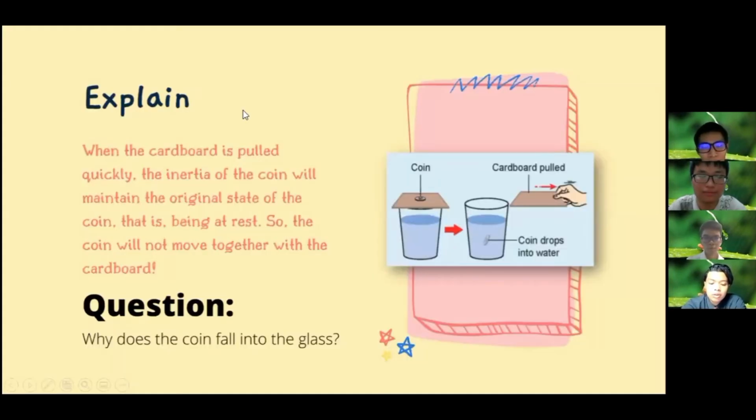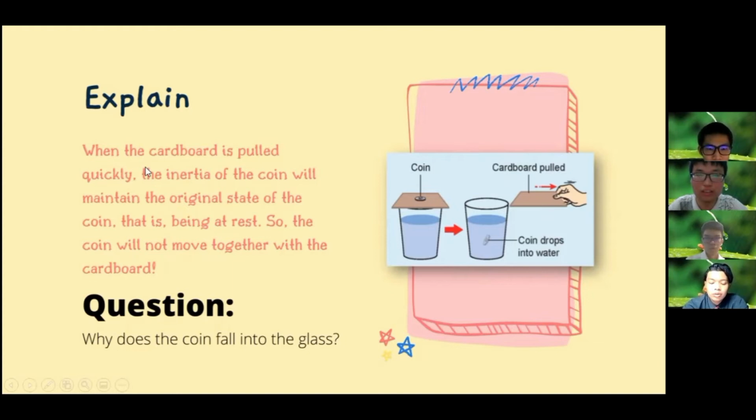Now we study another activity that you can replicate at home. You see the coin here, it drops into the water when the cardboard is pulled very quickly. Why? Yes, please. It's because of inertia. Is it true? Yes. Anything else?